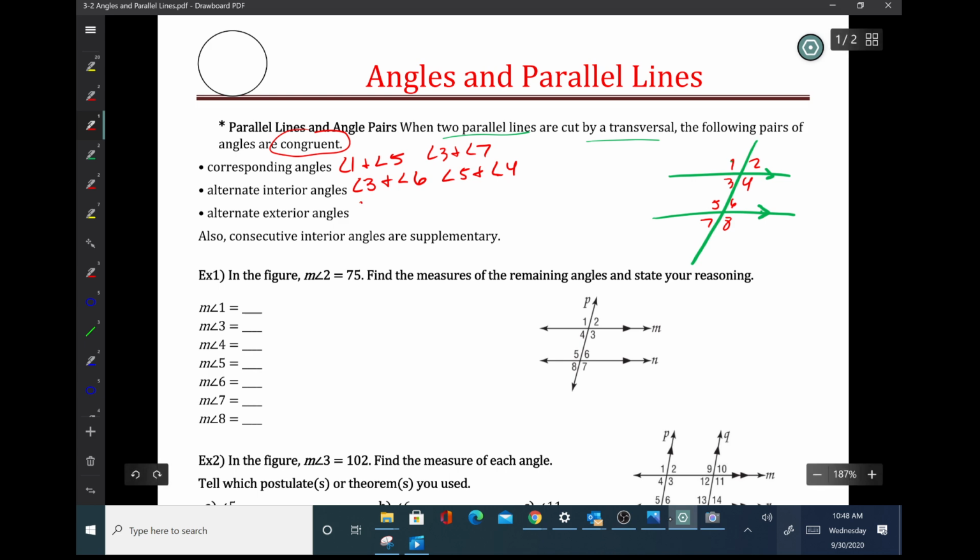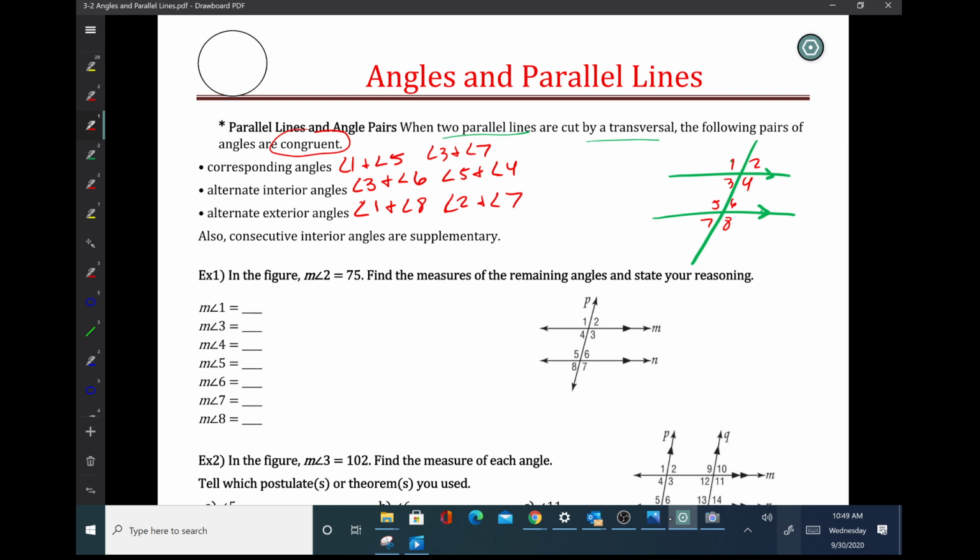So angle 1 and angle 8 are alternate exterior. Also angle 2 and 7. Yeah, 2 and 7 are congruent. Okay, so that follows the rule. If they look the same, they probably are the same.